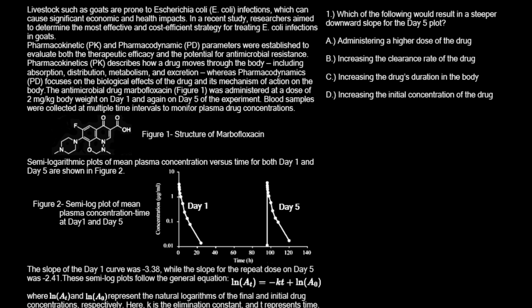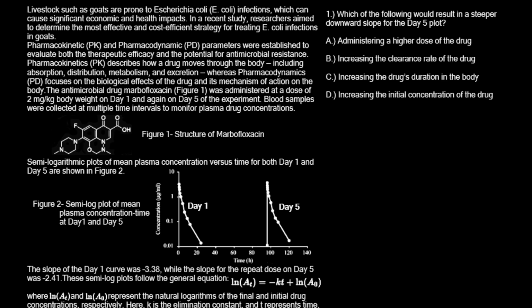These semi-log plots follow the general equation ln of At is equal to minus Kt plus ln of A0, where ln At and ln A0 represent the natural logs of the final and the initial drug concentrations respectively. Here K is the elimination constant and t represents time.